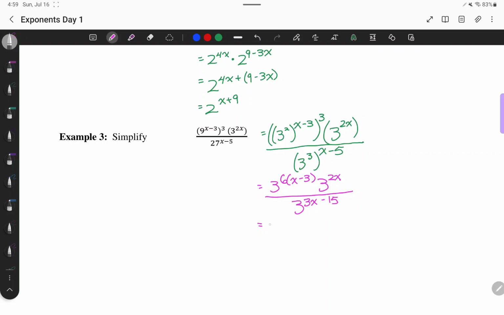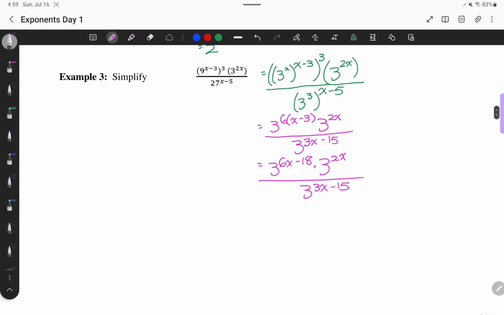And again, whatever we can do to make that a little simpler, 3 to the power of 6x minus 18 times 3 to the power of 2x over 3 to the power of 3x minus 15.